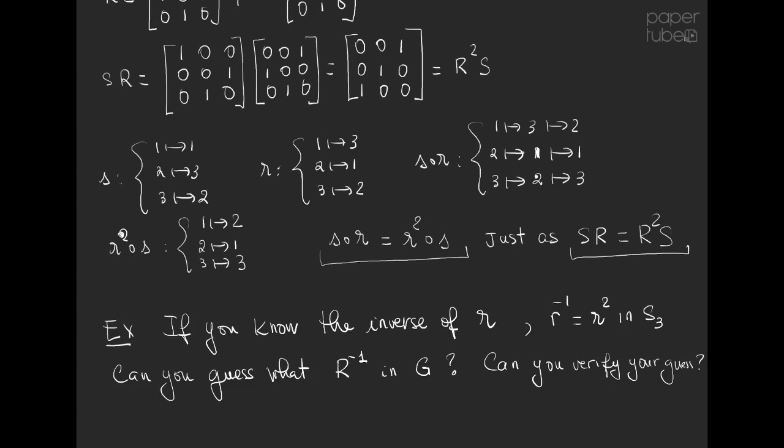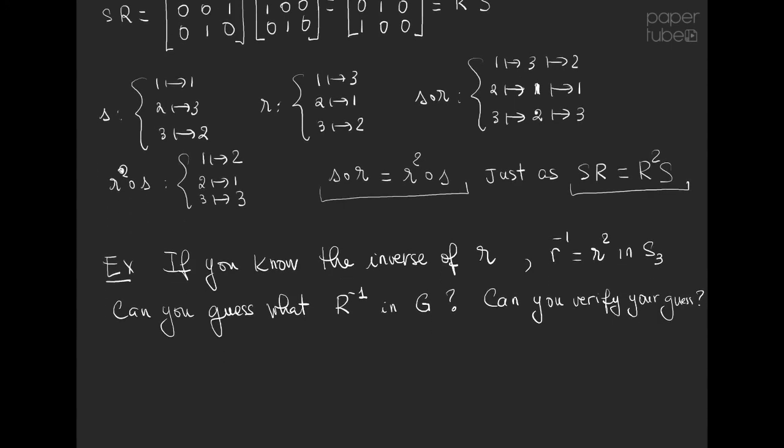Computationally, of course. So again, to help you a little bit, your guess should of course be that the inverse of R will be R squared. And to see this, how do you check? You just need to check that if you multiply R squared with R, you get the identity.